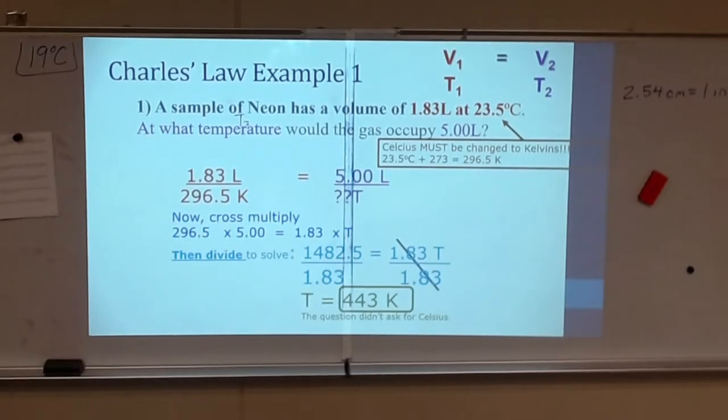So it's 1.83 divided by 296.5. Yeah, that's wrong.